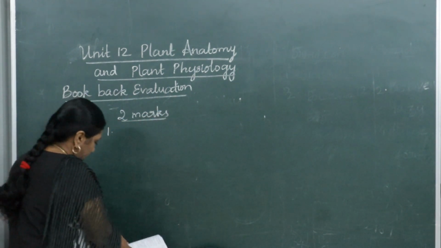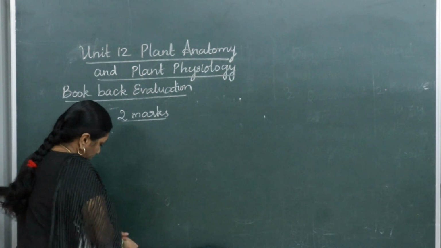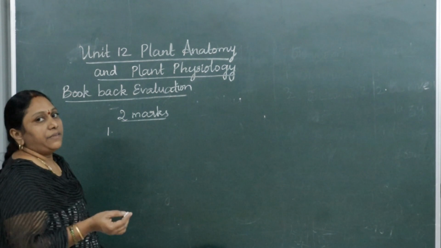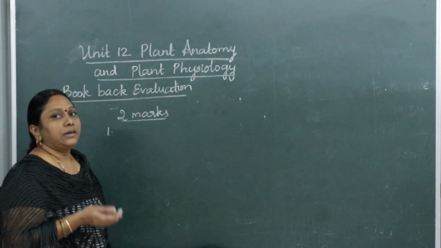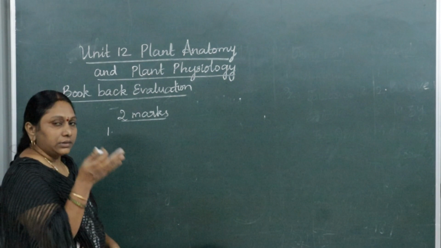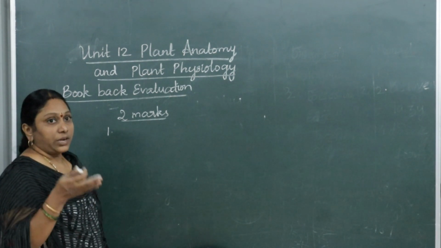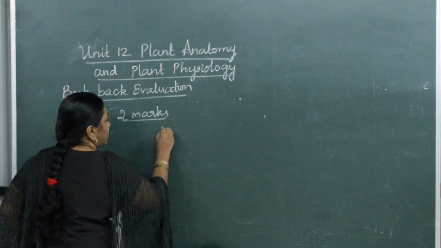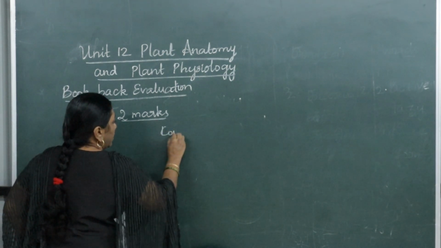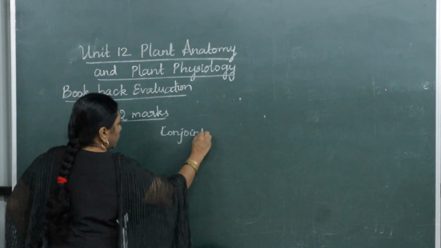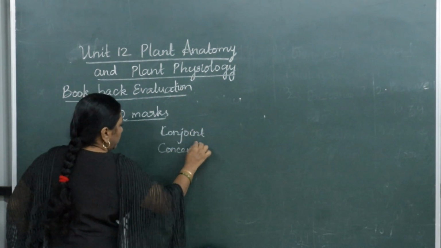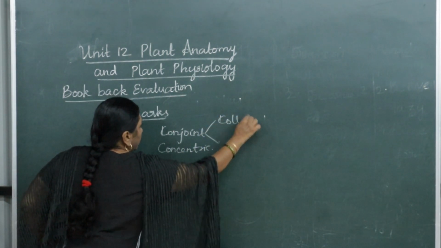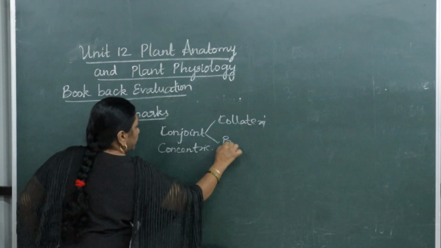First question is, what is collateral vascular bundle? In the previous video we posted regarding types of vascular bundles. There, we said there are 3 types: conjoint, concentric, and others. In conjoint there are 2 types, collateral and bicollateral.